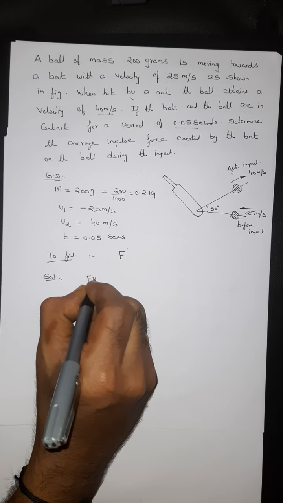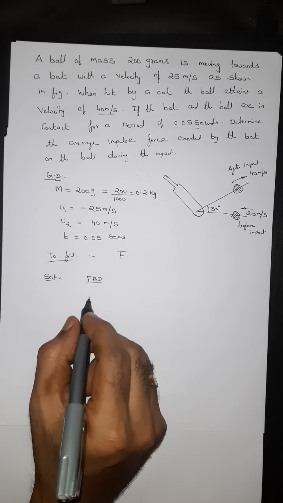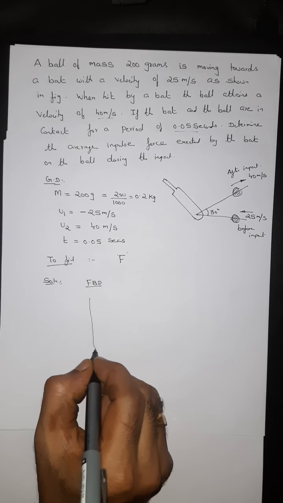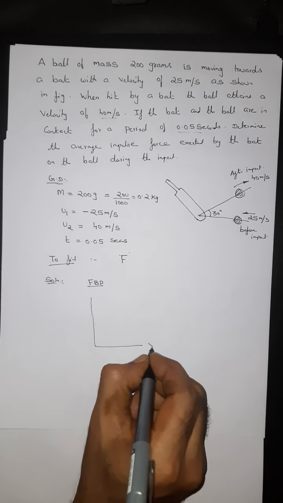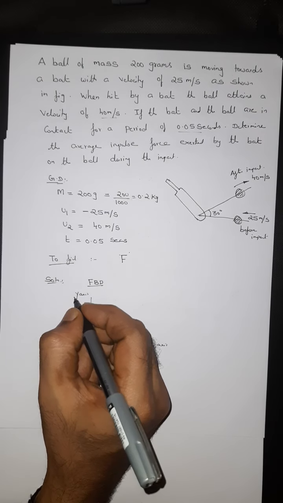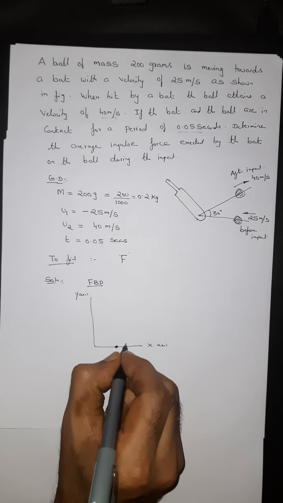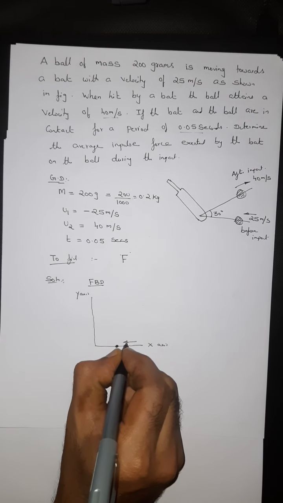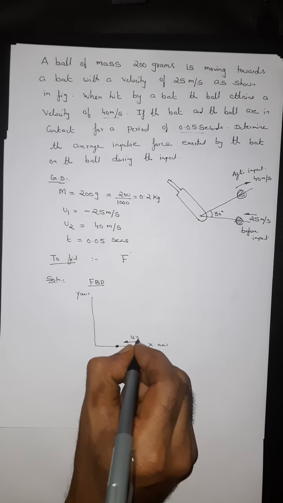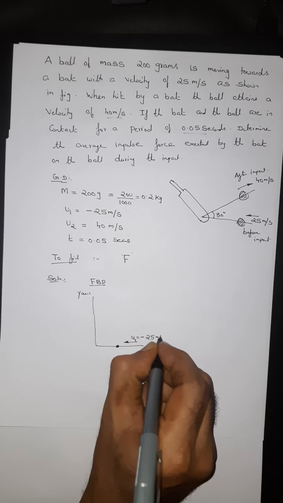Let me draw the free body diagram of this. The bat I just consider in this manner. This is the x-axis, this is the y-axis. The ball is here, it's coming with a velocity of u1 equal to minus 25 meter per second.